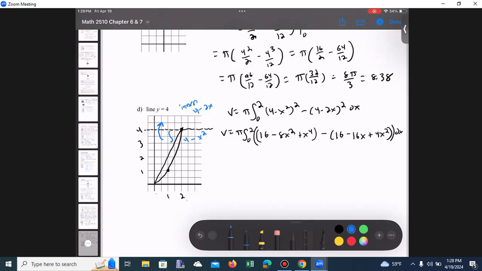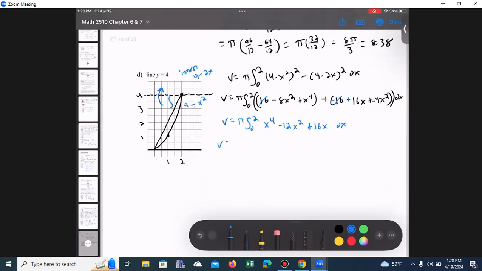Alright, so this becomes negative, positive, negative as we distribute the sign. 16 minus 16 cancels that out. So our volume is pi 0 to 2. Let's see, x to the fourth. I'm going to do this in order. Negative 8x squared minus 4x squared is negative 12x squared. And then you have 16x dx.